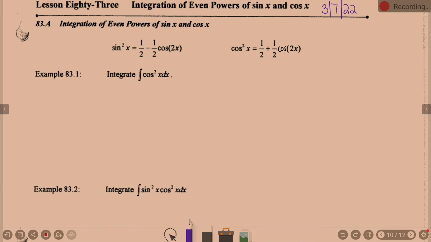Well, what we're doing here is we're using the cosine 2x ones, the 1 minus 2 sine squared x, and the 2 cosine squared x minus 1. We're using those. But what you'll notice here is that instead of them being solved for cosine 2x, they are solved for sine squared x and cosine squared x, because that's the form we're going to need them in.